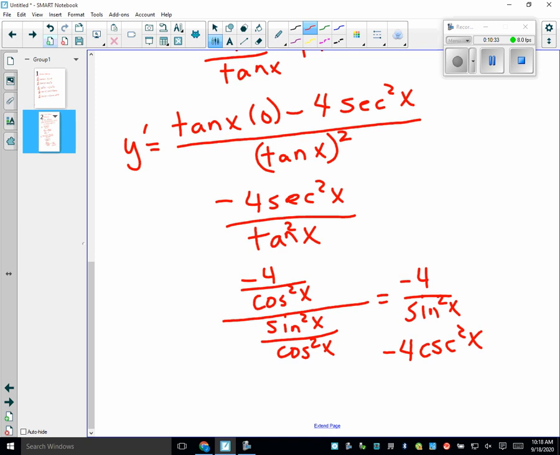That's why I try to show you all the ways. Now, do you think you're okay with this? I would say so. So by Monday, are you going to know those 6 trig derivatives?